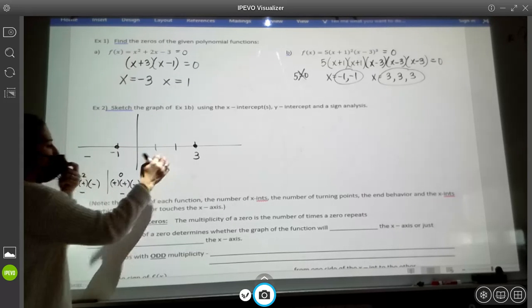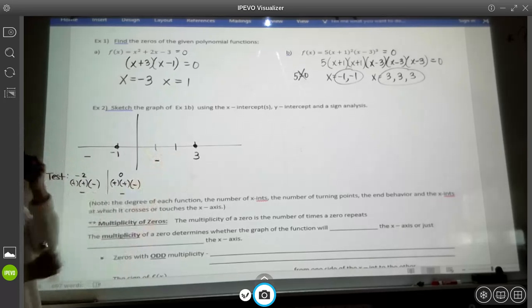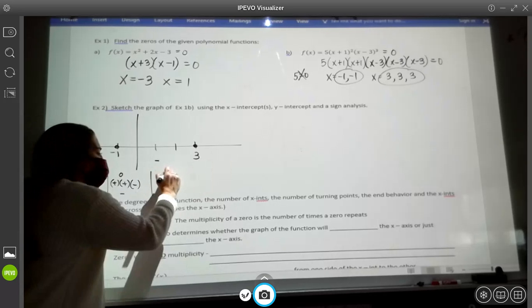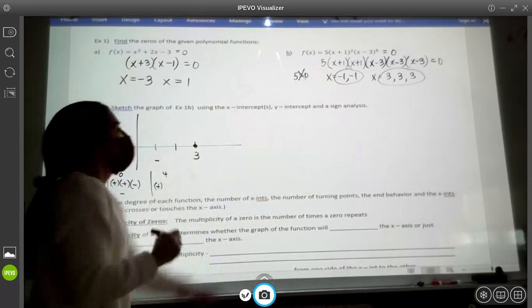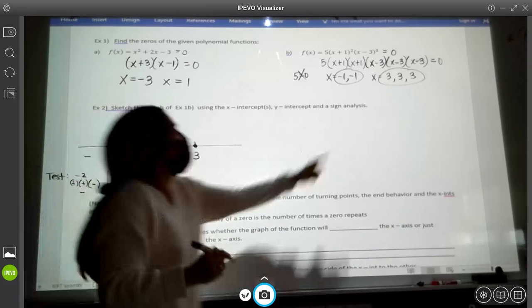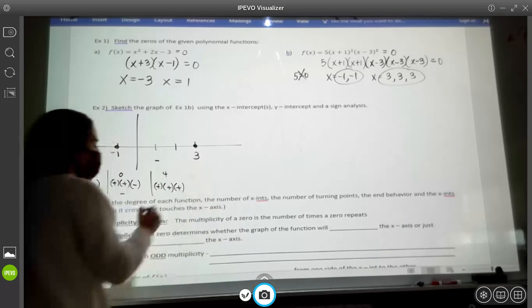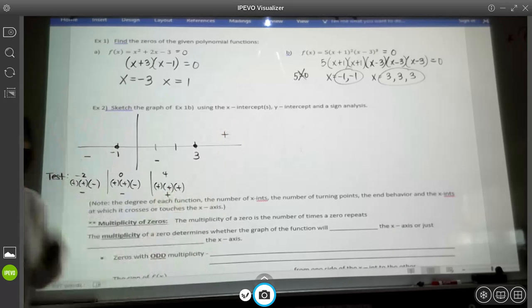So I know the graph is still below the x-axis in between -1 and 3. And then if I plug a number in over here, I'm going to do 4. So that's going to be +5 times 4 plus 1 squared, positive, times 4 minus 3 is positive, to the third stays positive. That's going to be a positive number. So now I know the graph is above the x-axis to the right of 3.